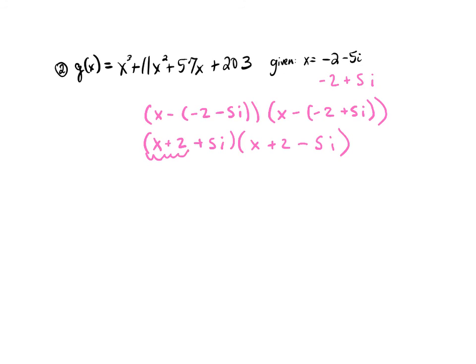Our first term is this x plus 2, and our second term is the 5i. So we're going to square the first one, x plus 2 squared, minus 5i squared.